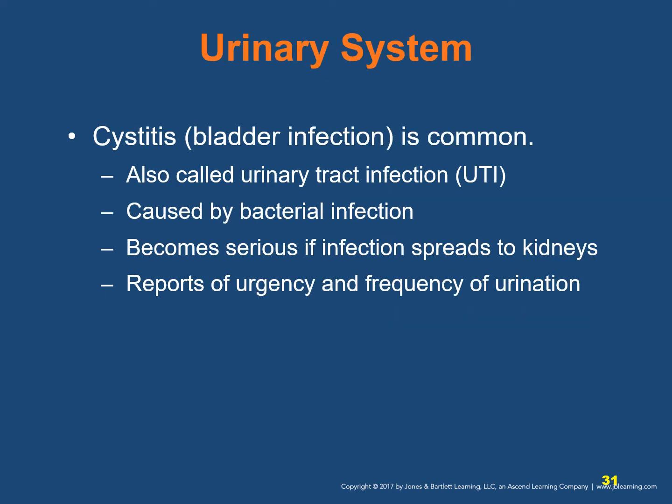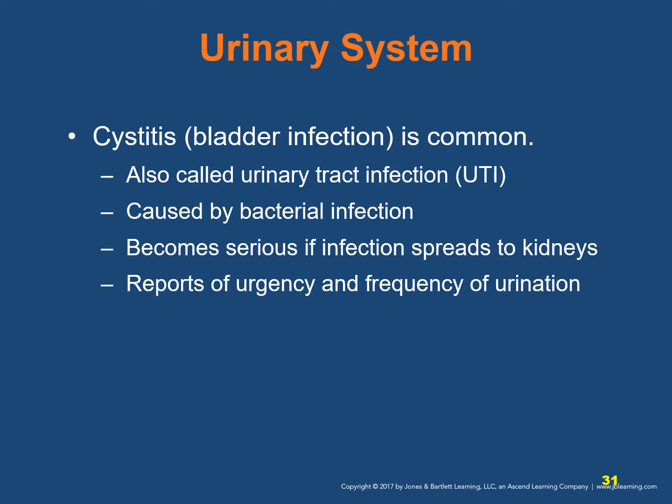Problems that can develop in the urinary system is what we're going to talk about now. The first is cystitis, which is a bladder infection, and that is actually the bladder itself, and that is pretty common, especially in women. It can also be called a urinary tract infection because actually the infection can also be in the urethra and sometimes it's backed up a little bit into the ureters.